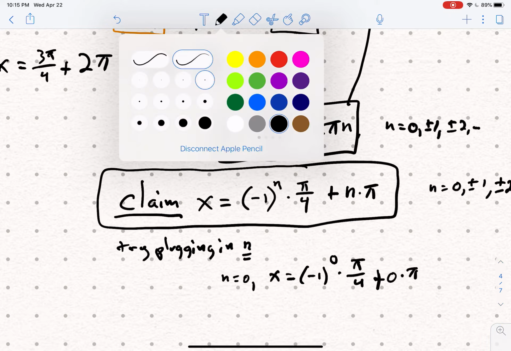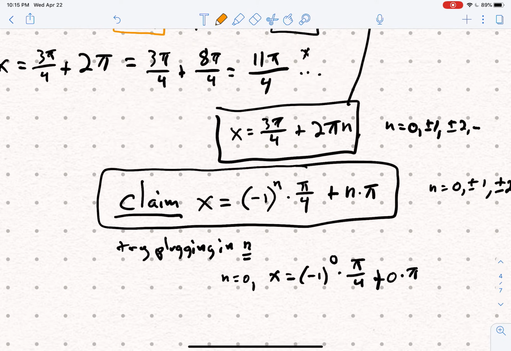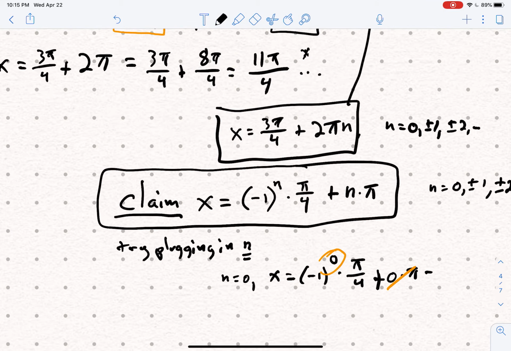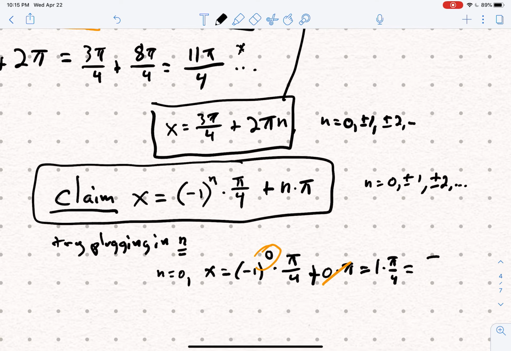Now, what's nice about this is that the 0 times pi, that cancels and is just 0. You might be a little concerned about this power, but a power of 0 just turns the whole thing into a 1. So this is like having a 1 in the front. So this is equal to 1 times pi over 4, which is just equal to pi over 4. So when n is 0, this formula gives us the solution pi over 4.